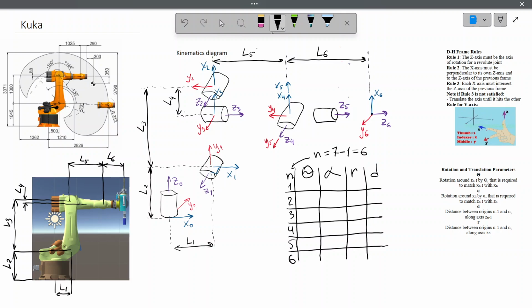Let's start from the theta. So it's rotation around the z-axis to match the previous x-axis with the current x-axis. So first one we have just the beginning here, so here we have nothing to compare x with.